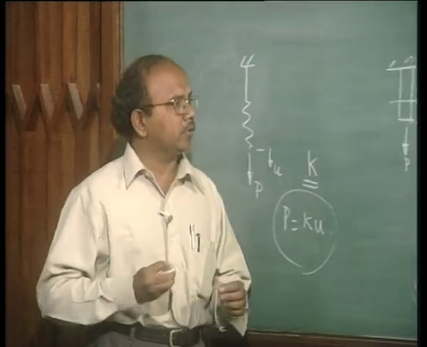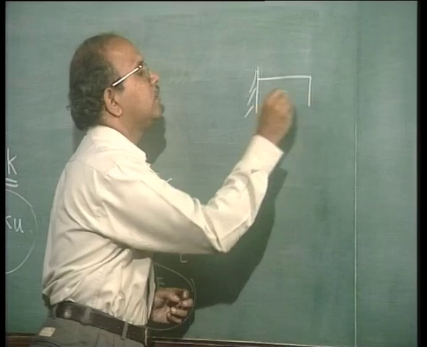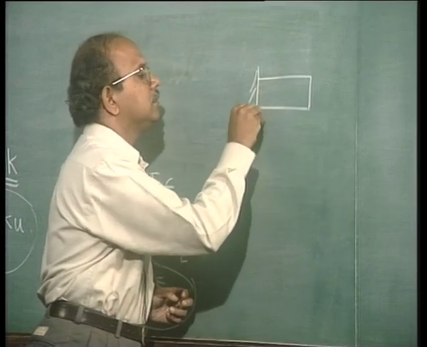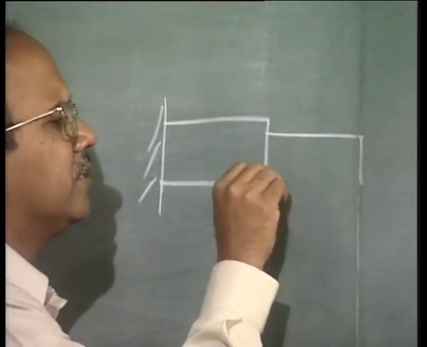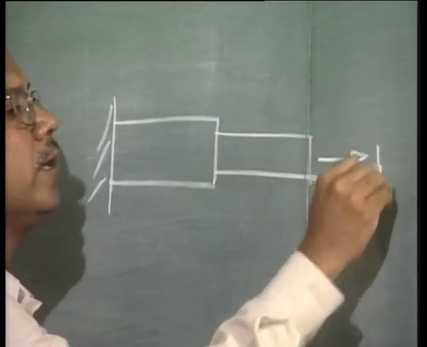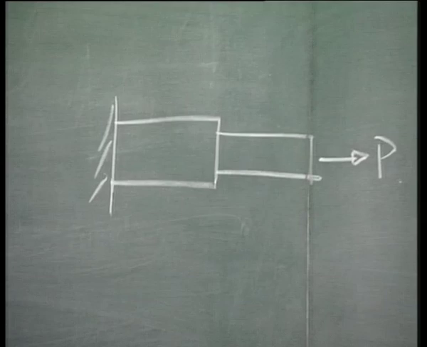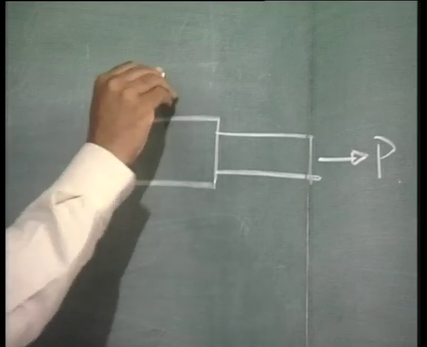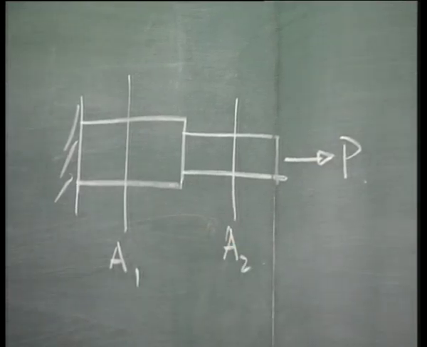Now let us look at another problem. Let us see whether we can extend this kind of concept to a very simple problem, where I have a P force that is acting on a bar whose cross sections are, for example, A1 and A2.